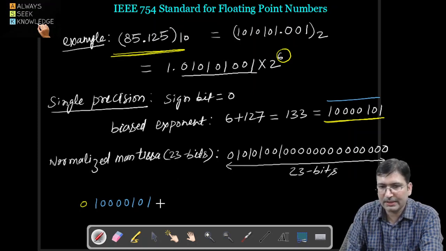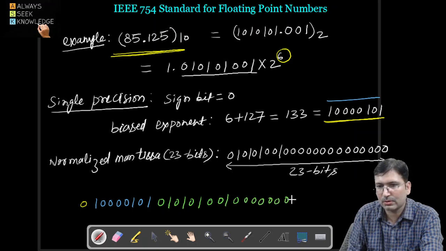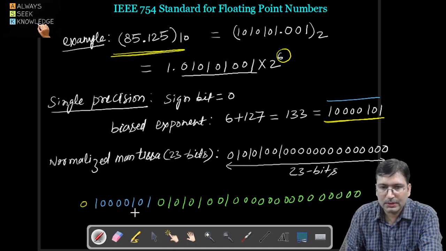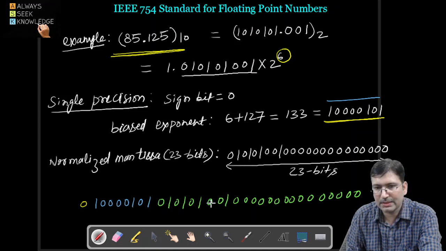So the mantissa is this: 0 1 0 1 0 1 0 0 1, then the zeros. So you count 1, 2, 3, up to 32.